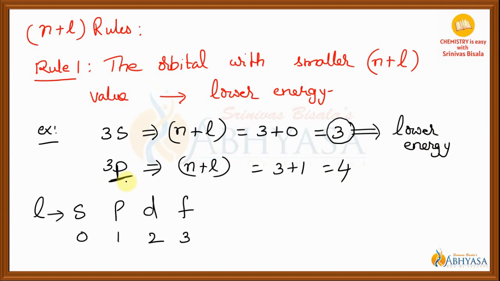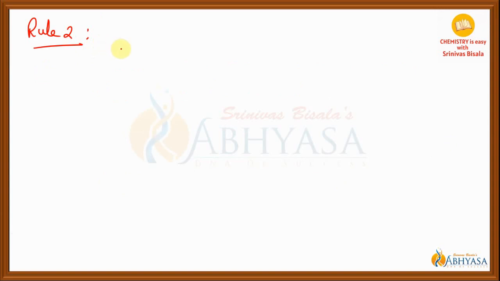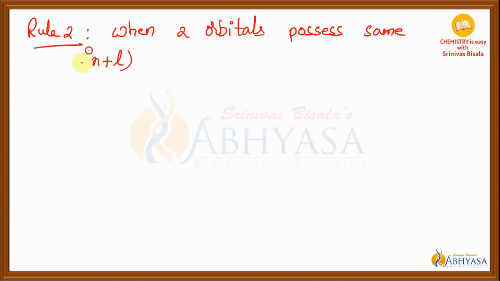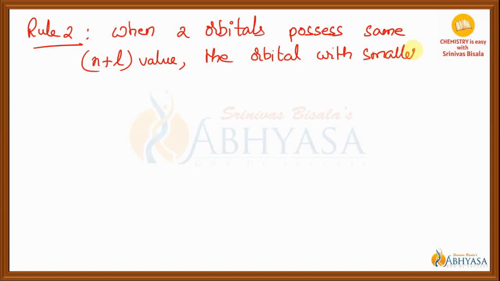Let's understand the second rule. There will be some cases where two orbitals may possess the same n plus L value. Then what we need to do? When two orbitals possess the same n plus L value, then out of those two orbitals, the orbital with smaller n value possesses lower energy.